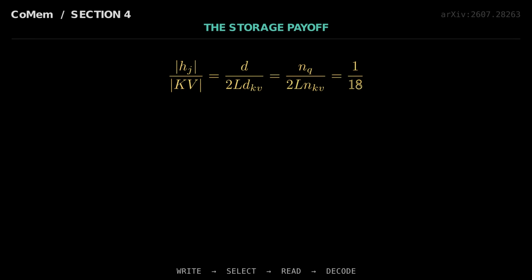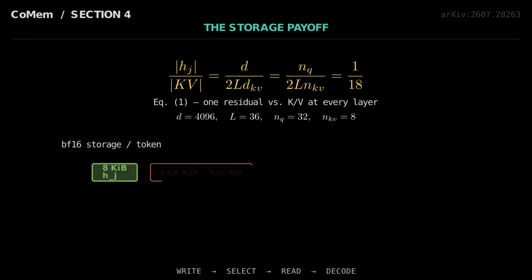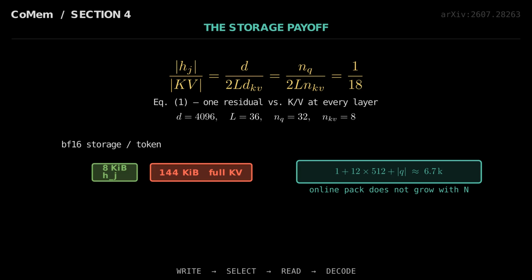The cache is one residual, not keys and values at every layer. Its exact relative size is d over 2 l d_kv, or n_q over 2 l n_kv. For Qwen3-8B, 4096 wide, 36 layers, 32 query heads, and 8 key value heads give 1/18, about 8 kilobytes instead of 144 kilobytes per token in bfloat16.